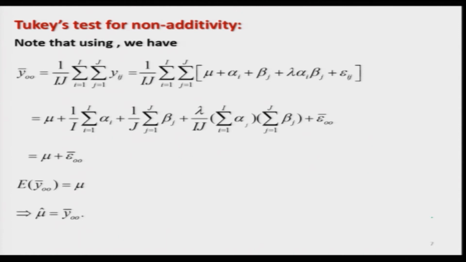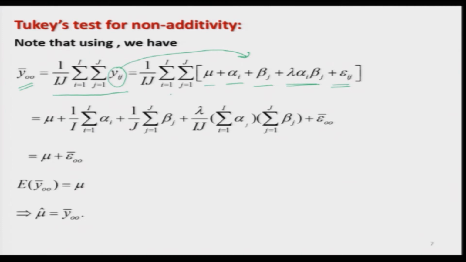So, the arithmetic mean of all the available observations is y bar double naught, which is 1 upon capital I into capital J, the total number of observations, into double summation over i goes from 1 to I, j goes from 1 to J, y_ij. Now, what you try to do here? You try to write down y_ij in terms of the model. So, this will become mu plus alpha_i plus beta_j plus lambda times alpha_i beta_j plus epsilon_ij.